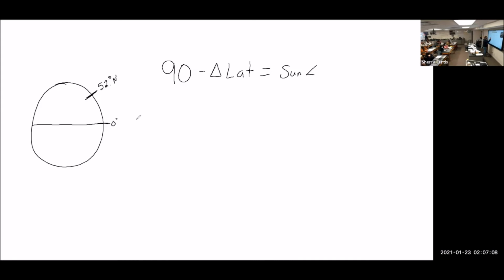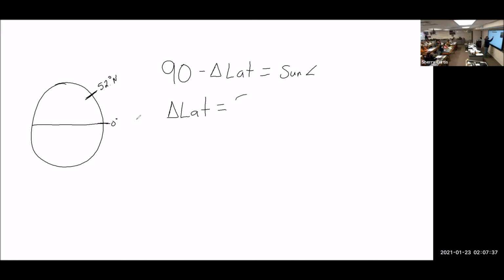Now let me explain what I mean by change in latitude. It's the number of degrees difference between where you are and where the sun is directly overhead. So in this case, the sun is at 0, you're at 52. 0 is a nice, easy number to work with, so it's 52 degrees.